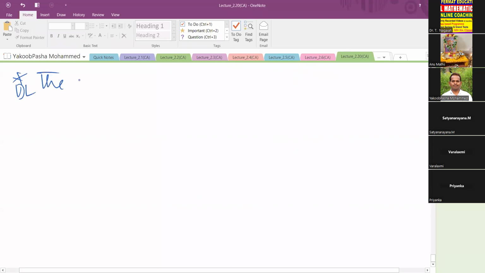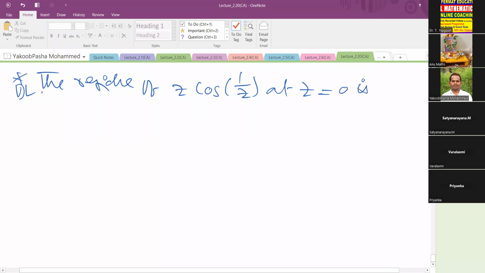The residue of z into cos 1 by z at z equal to 0 is, of course it is a set question also. We have options here: option 1, 1 by 2; option 2, minus 1 by 2; option 3, 1; option 4 is 0.